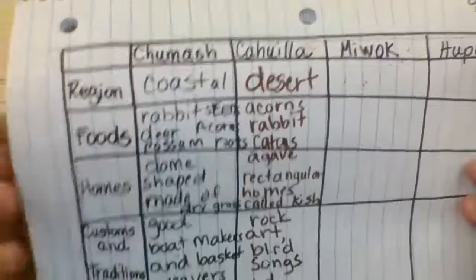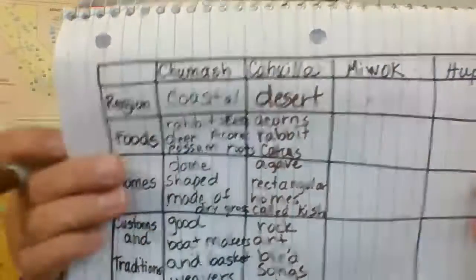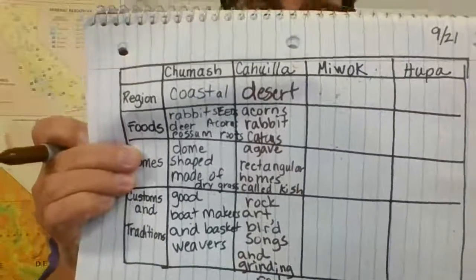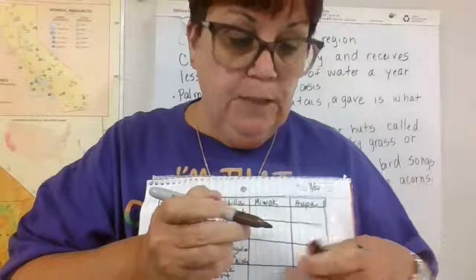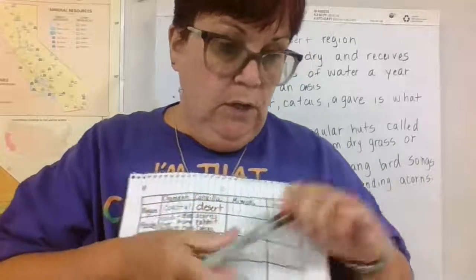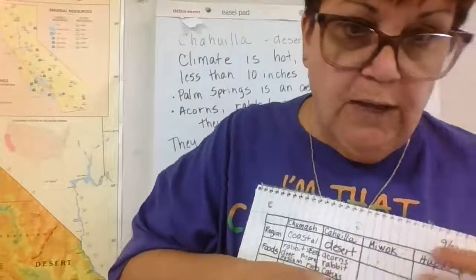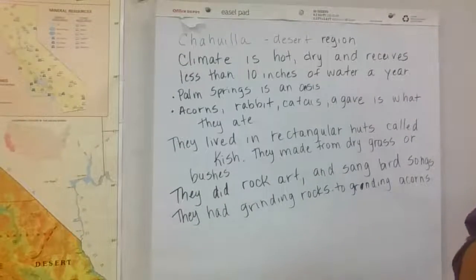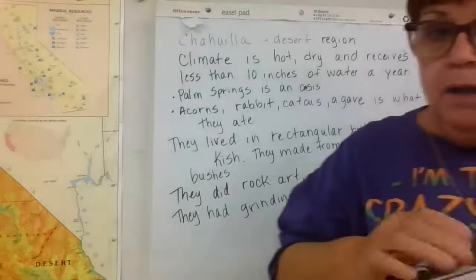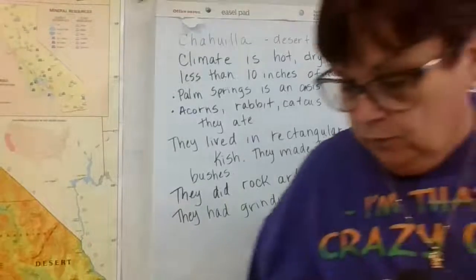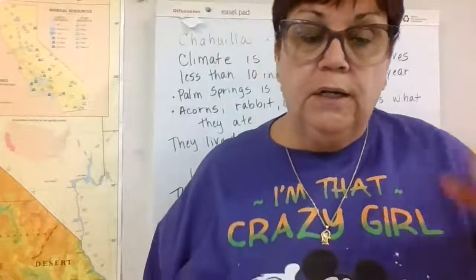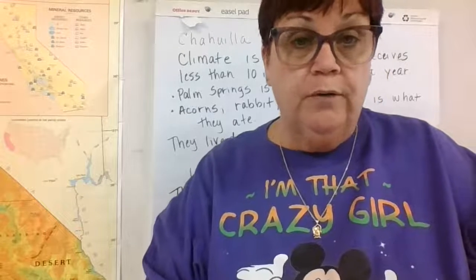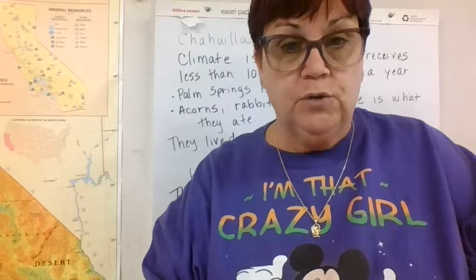So this and your note taking. So please make sure that you're taking notes. Go back, and if you can't see my board, go back and look at your notes. Contact me if you can't, because I will keep them so that we can keep moving forward with what we're learning about our Native American tribes.